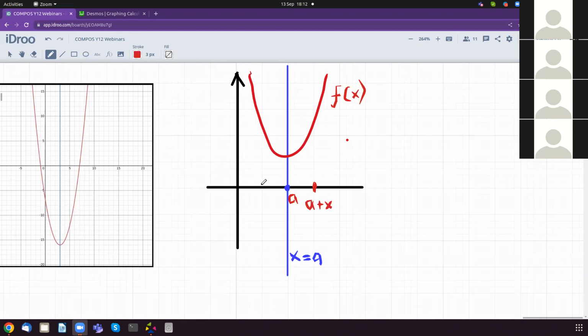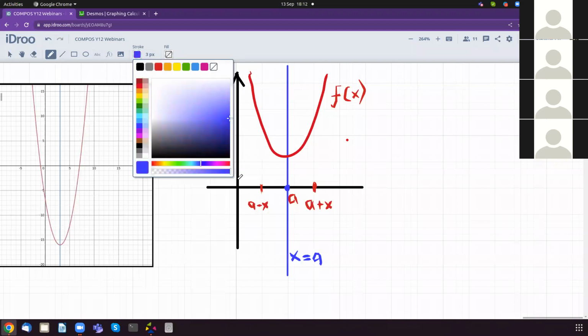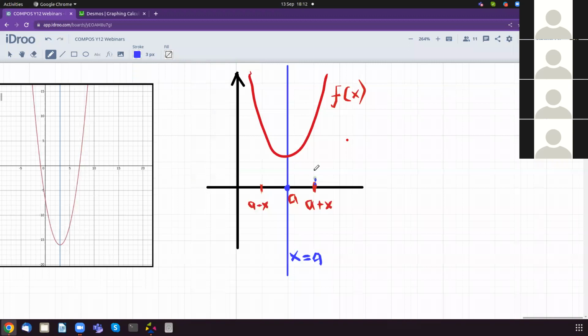I'm making a small step to the left, and this is going to be a minus x. That's a small step to the left. And here we are.